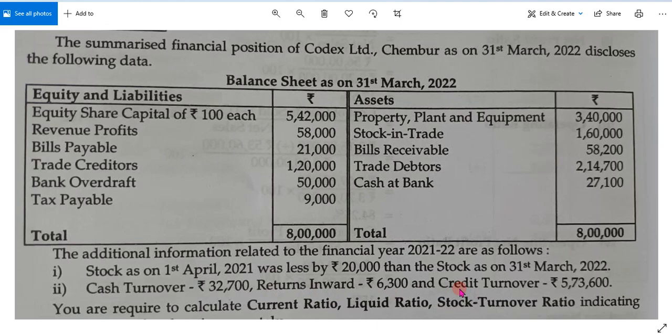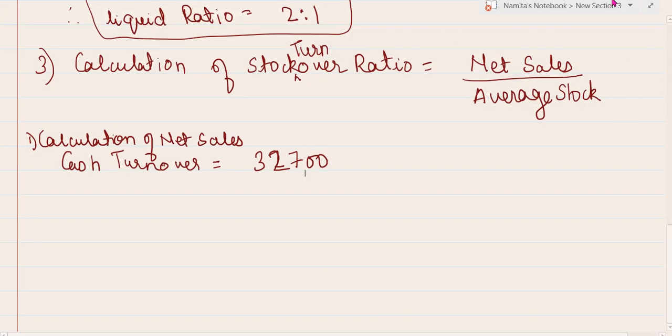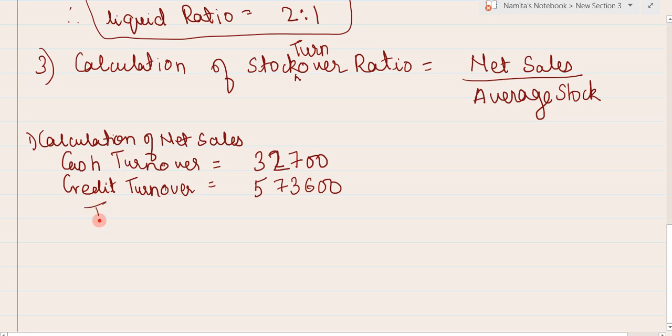Next is credit turnover. The amount is 5,73,600.